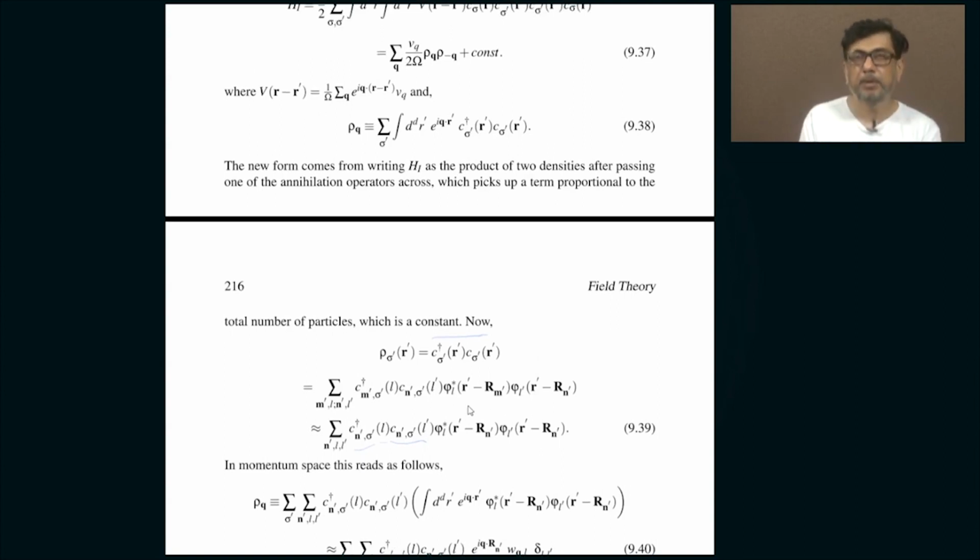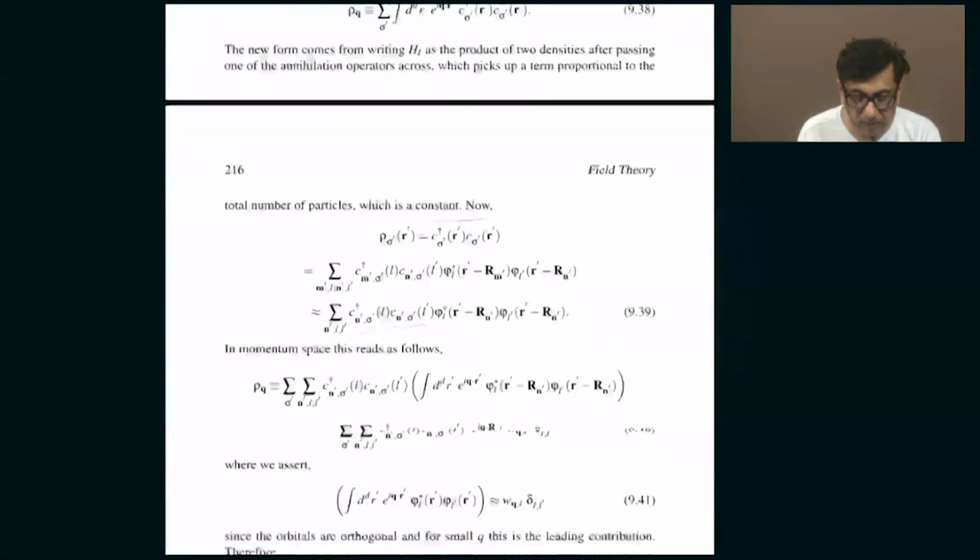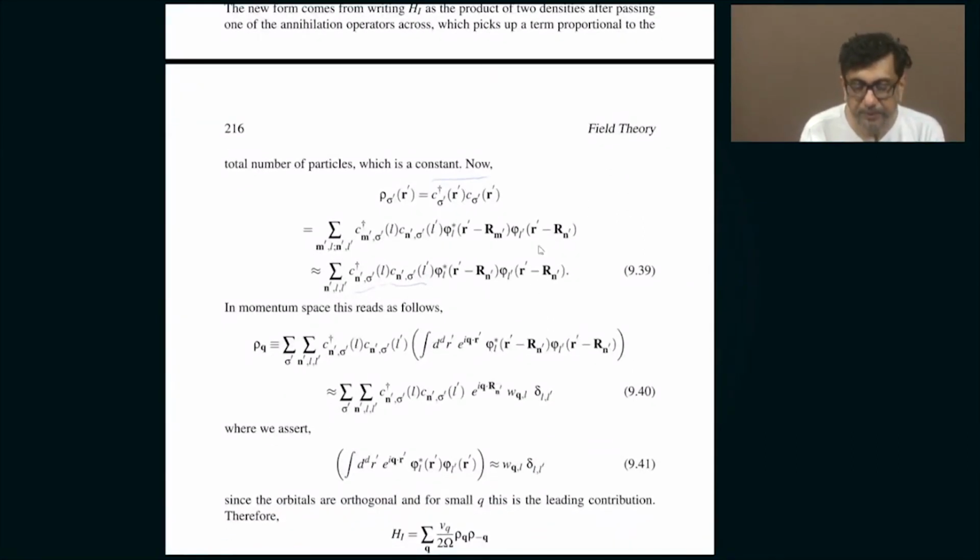Remember that we ignored the m' equal to n' term in the case of hopping, because that led to a trivial additive term proportional to the total number of particles, but here it is not going to do that. It will contribute. So, we can first try out the most obvious dominant contribution where m' is equal to n'.